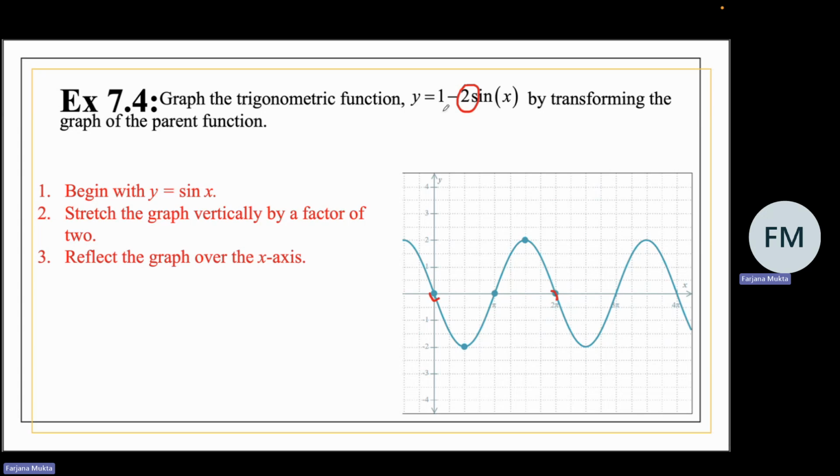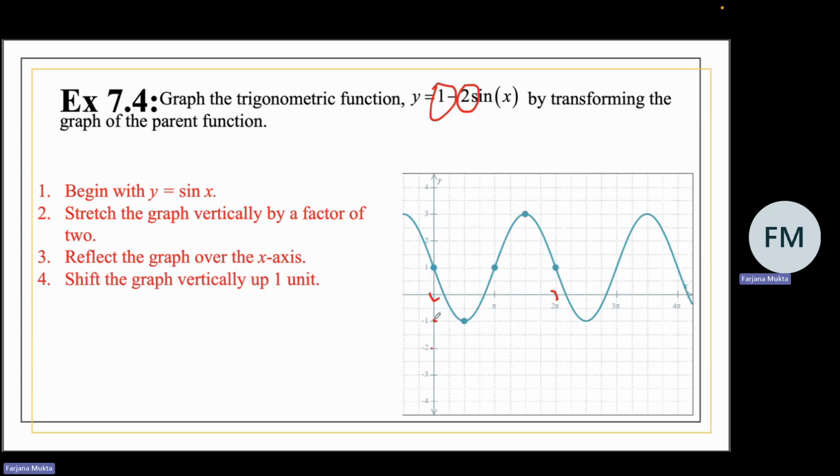Finally, we'll consider the vertical shift. So 1 unit upward. We'll take the graph and move it 1 unit upward. So now we'll start from -1. We'll shift the graph vertically 1 unit up. So now it's starting from y equals -1, right?